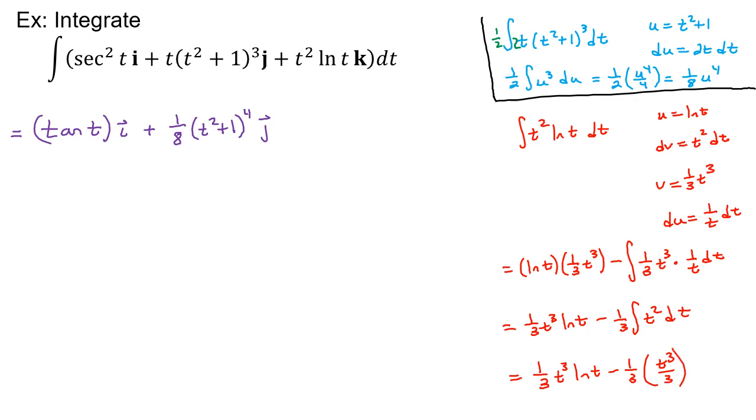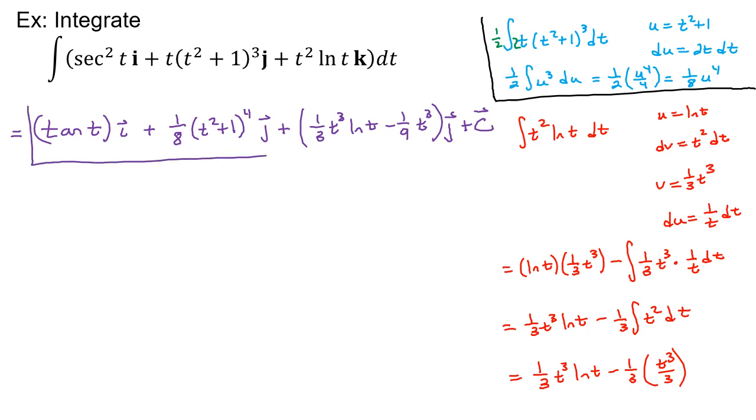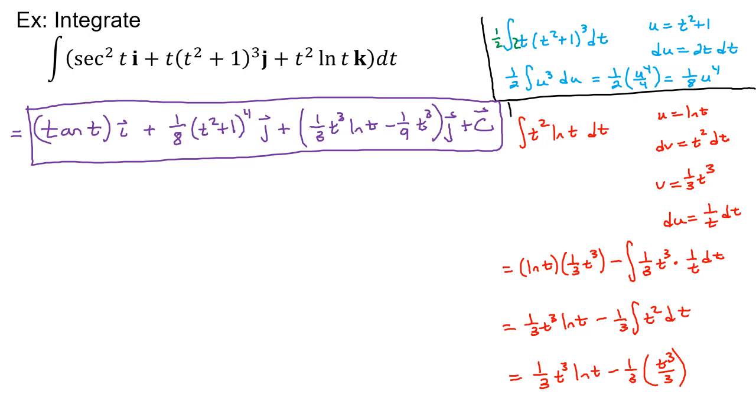Take that as your side work up here, and I will end up with 1/3 t cubed ln t minus 1/9 t cubed on the j. And then I have a constant vector also, since it's an indefinite integral. And so a little bit of side work to come up with the second and third one, but nothing terribly bad, hopefully.